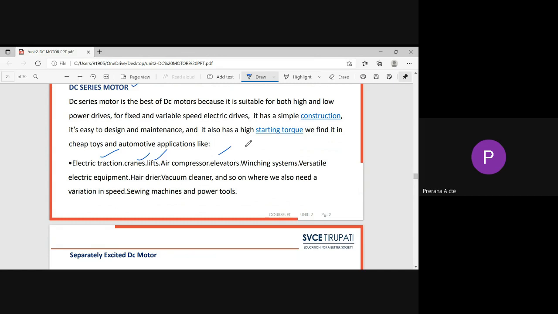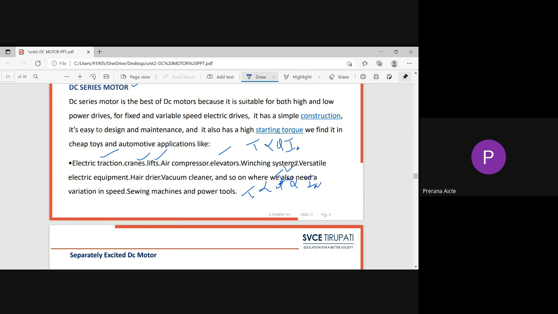Why? Because T is directly proportional to phi IA, and phi is directly proportional to again IA. Substituted here, T is directly proportional to IA square.